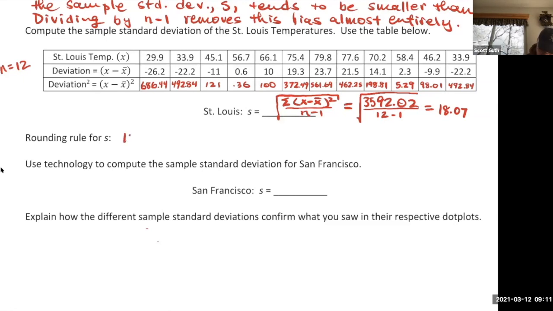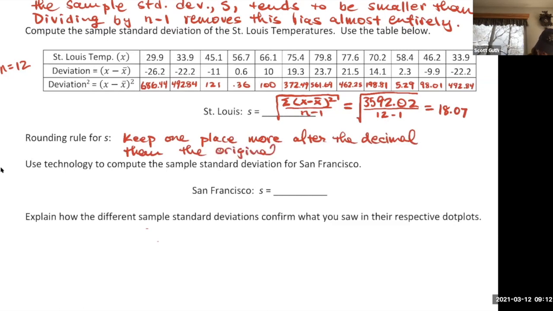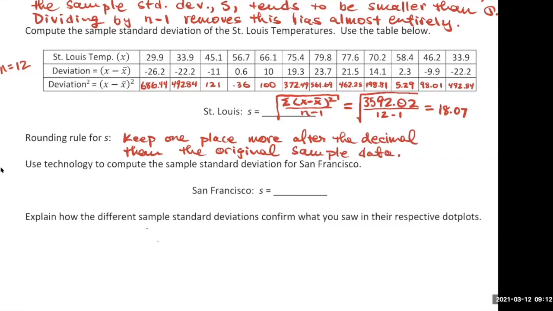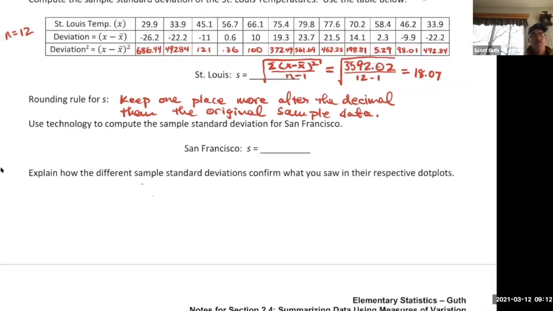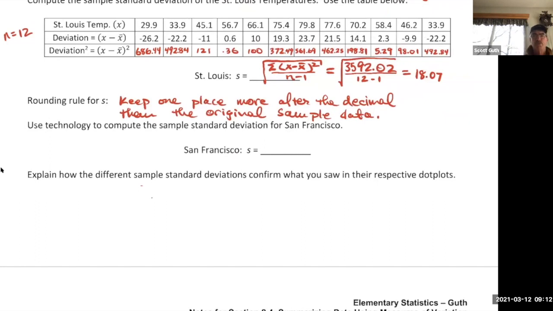Okay, so keep one place more after the decimal than the original sample data. Okay, any questions about that?